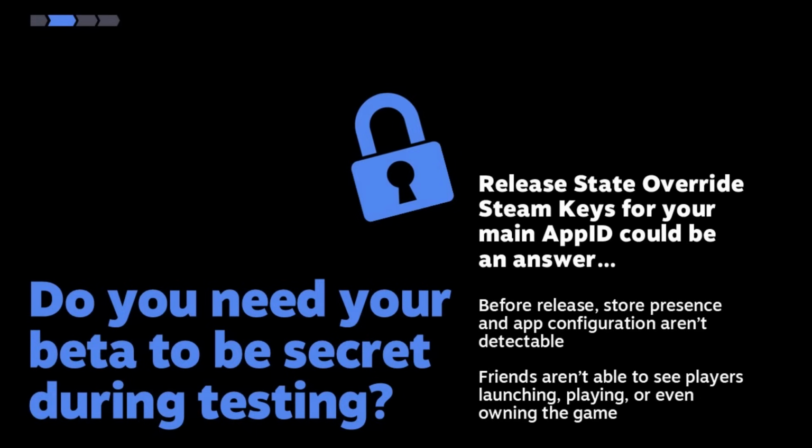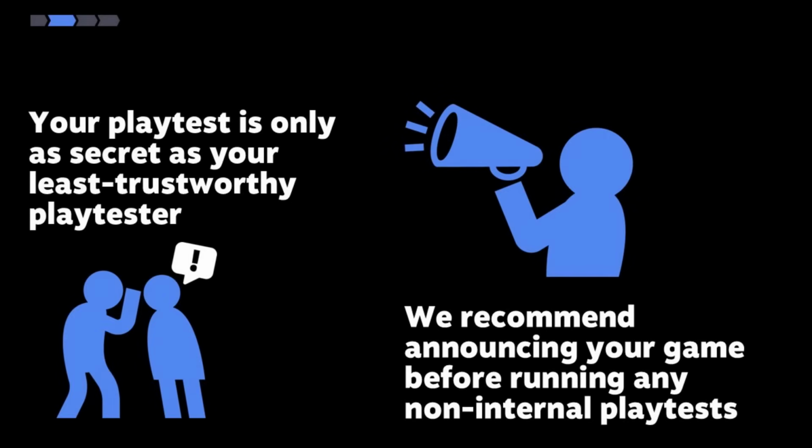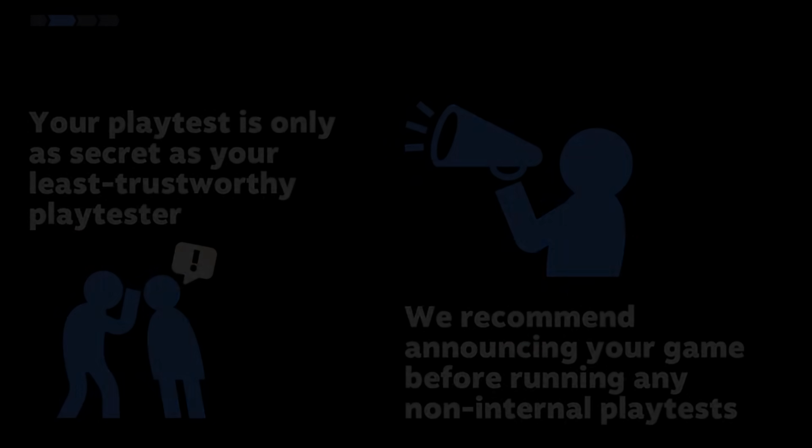So these things aren't detectable. And also, friends aren't able to see players launching, playing, or even owning the game when it is in an unreleased state. However, it's important to keep in mind that your playtest is only as secret as your least trustworthy playtester. And we highly recommend announcing your game before running any non-internal playtests.